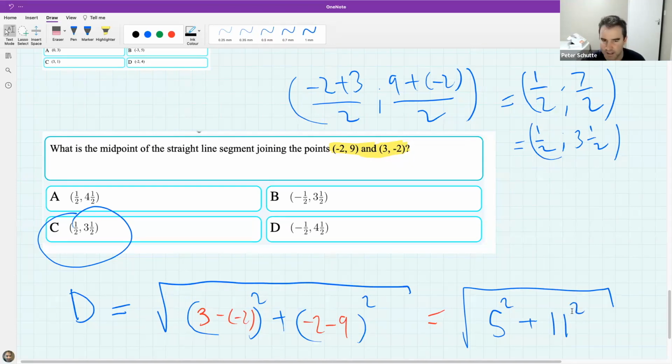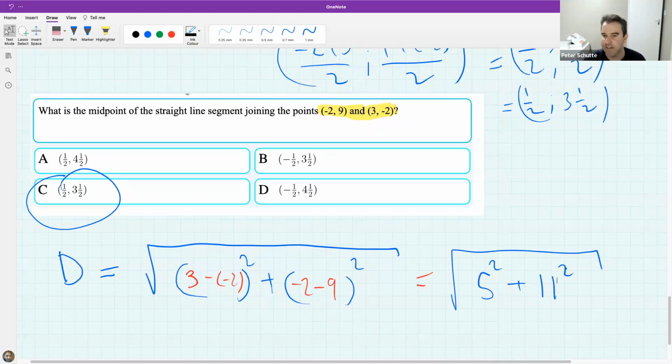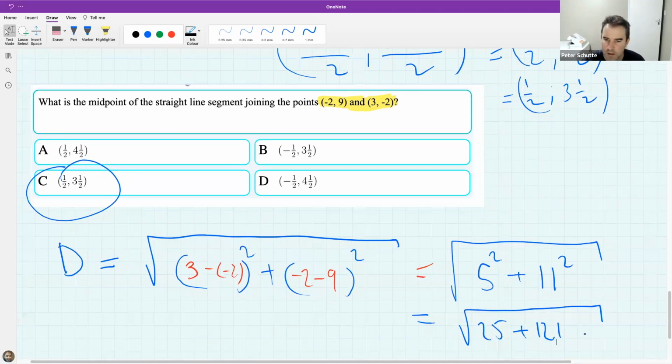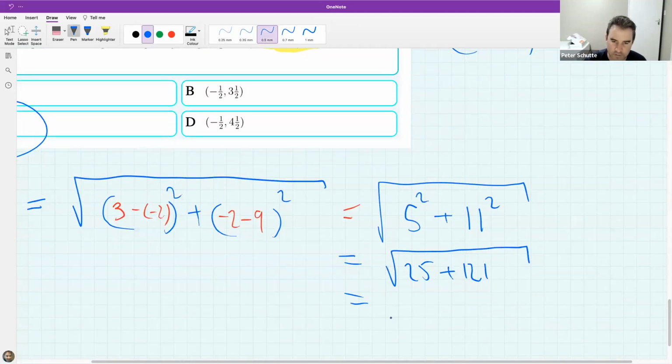Okay, sometimes I skip when it's -11 squared, it gives you the same as 11 squared. So then we should have the square root of 25 plus 121.